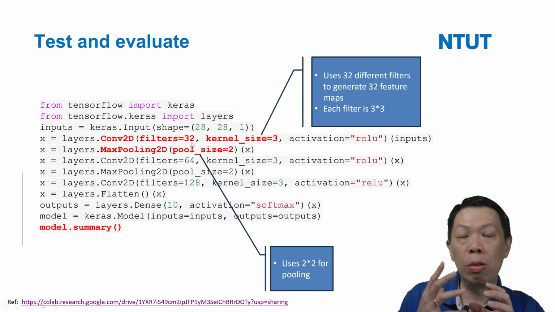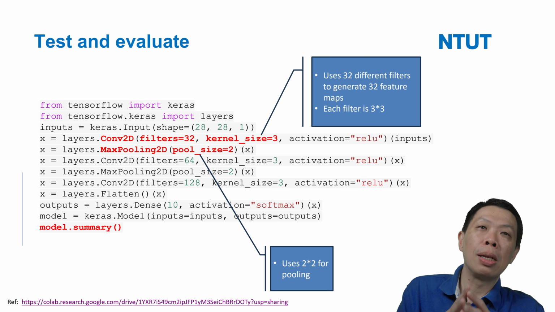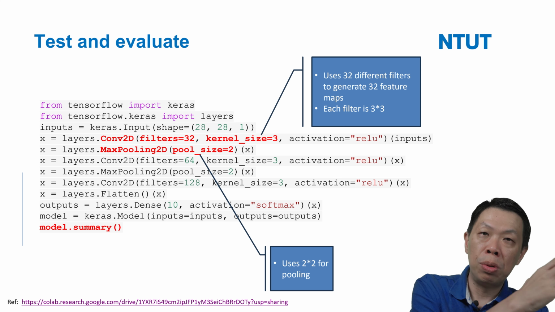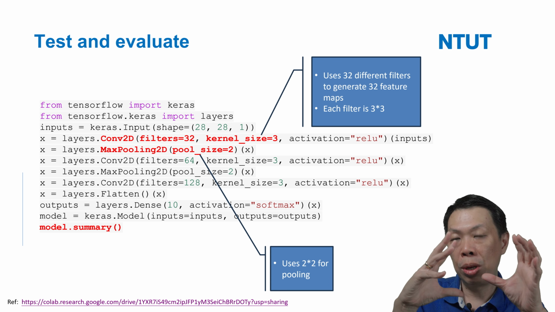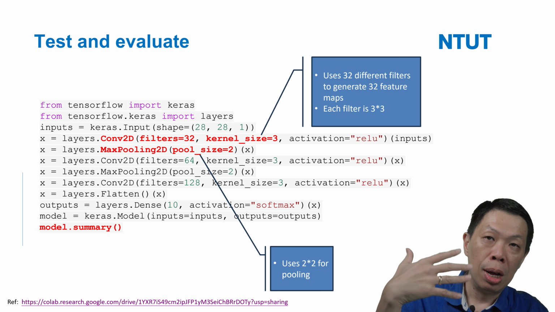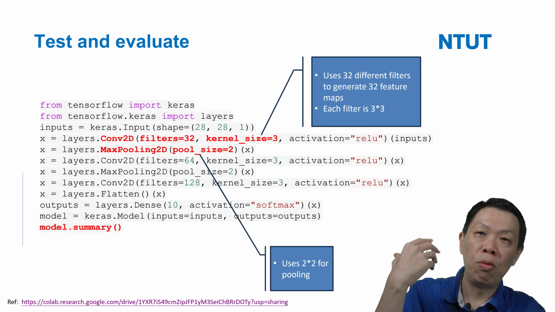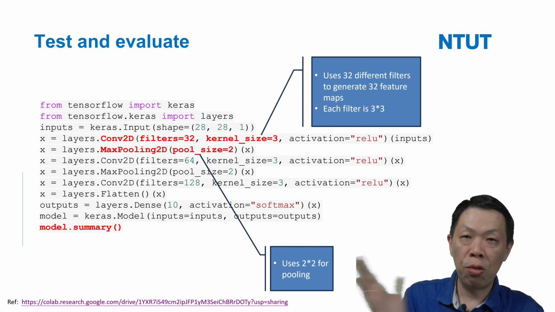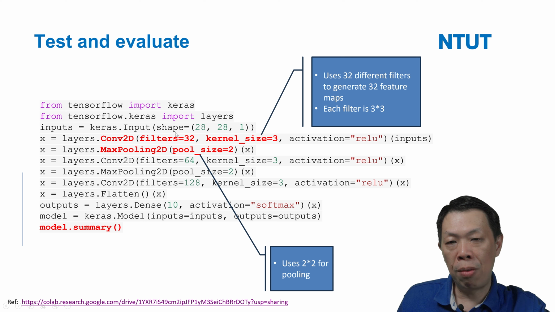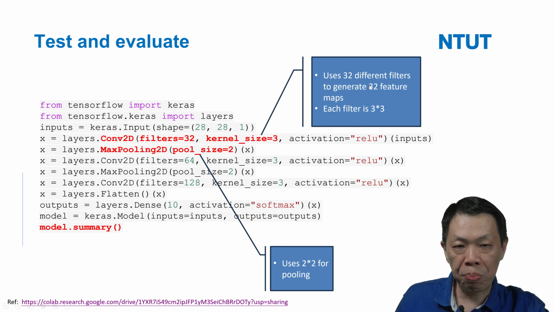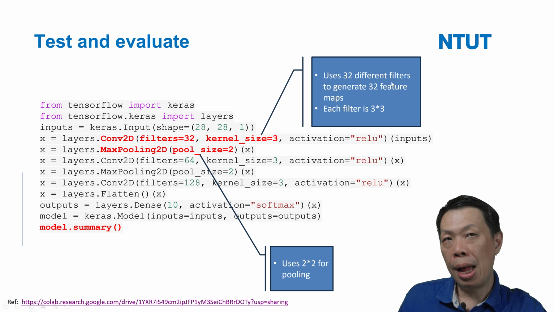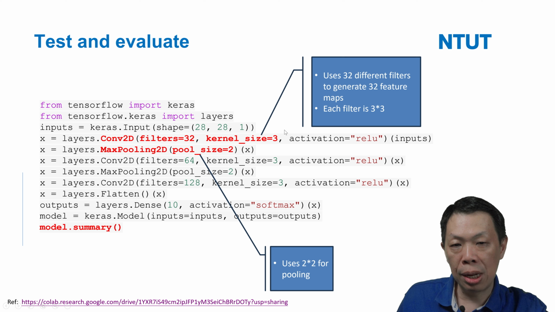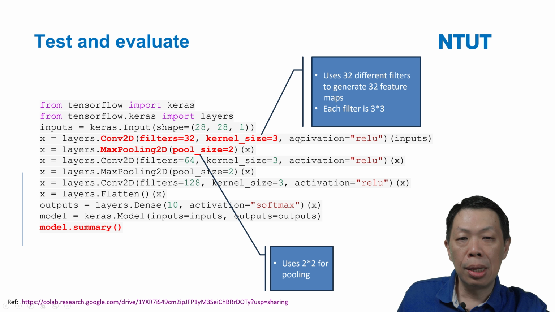In every convolution, the concept we mentioned is to use different filters to scan the original images and produce an outcome called a feature map. Different filters will generate different images. For the first convolution layer we will use 32 different filters, and the filter has a size called the kernel size.